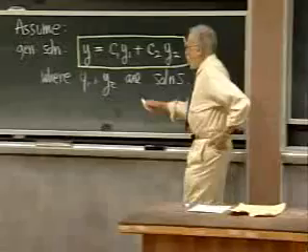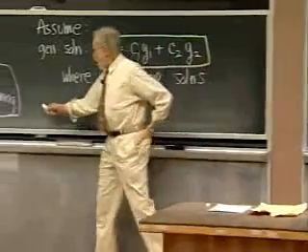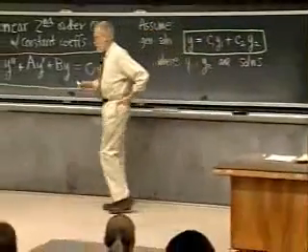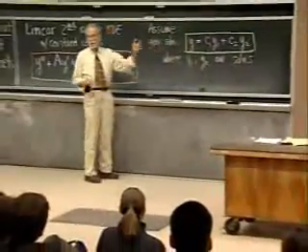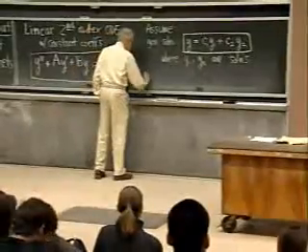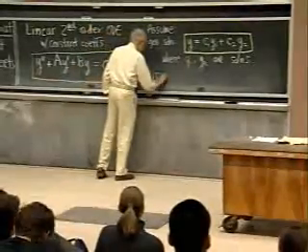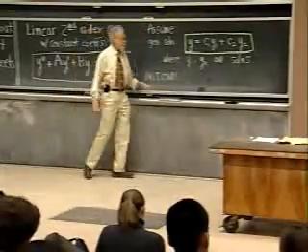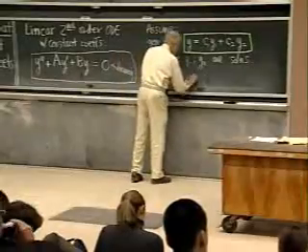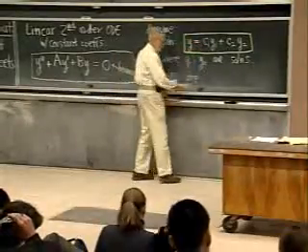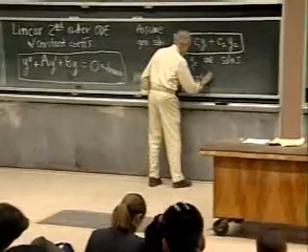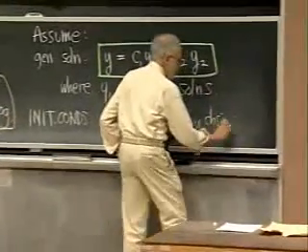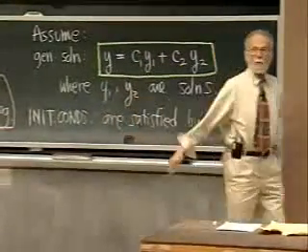But first of all, or rather second or third of all, the initial conditions enter. I haven't given you any initial conditions here, but if you have them, and I'll illustrate them when I work problems, the initial values are satisfied by choosing c1 and c2 properly.